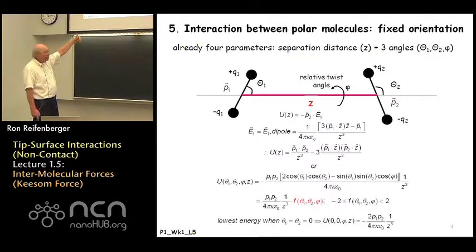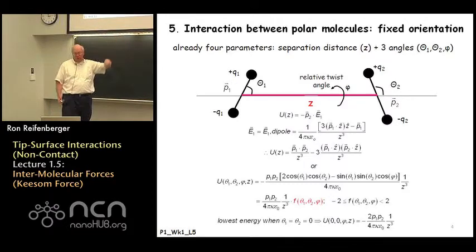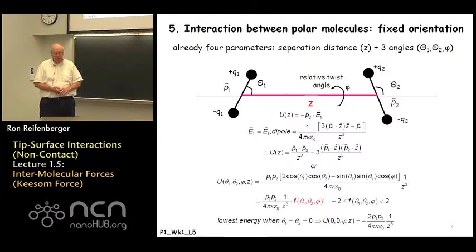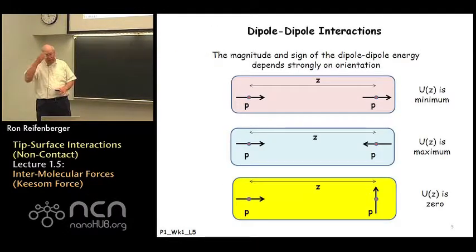And when it acquires that value, the interaction potential energy between these two dipole moments is just -2 times the product of the dipole moments times the standard factor 1 over 4 pi epsilon naught times kappa, the dielectric constant that these molecules are embedded in, times a 1 over z cubed spatial dependence. So that's the key result that we want to keep track of, right?